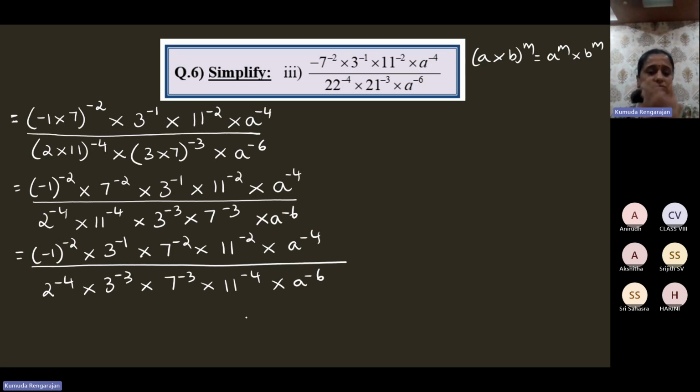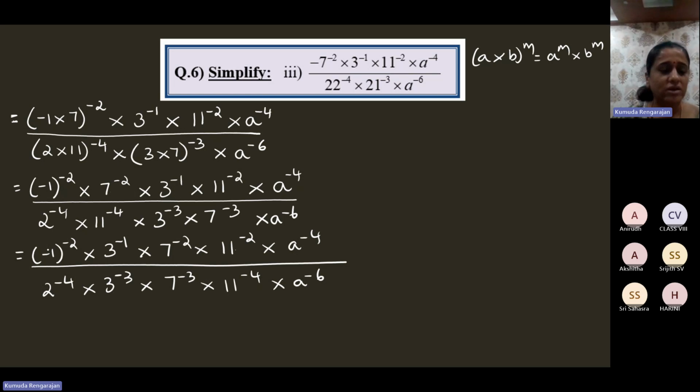Children, see, in both the numerator and denominator, we have the bases 3, 7, 11, and A. We have the same 3, 7, 11, and A in the denominator also.